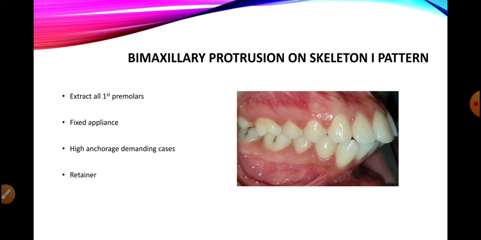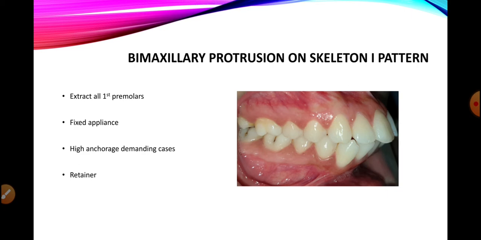As I have mentioned earlier, in those cases of bimaxillary proclination where the lips have a good tone and may achieve a lip to lip seal, those are more stable cases. But in those cases of bimaxillary proclination where the lips are already competent, or they are incompetent to an extent that even after your retroclination they will not achieve a lip to lip seal, in those cases they are unlikely to have a very stable result after the correction.